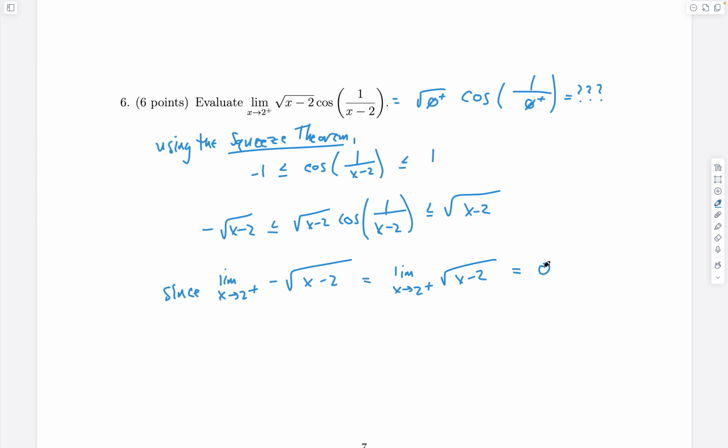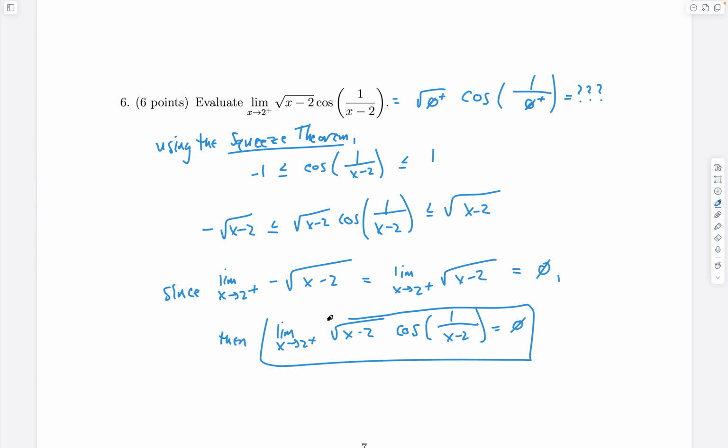Both of them are going to 0. We've seen that here. Therefore, since that's true, we know the limit as we go from the right side of the function that's bounded in the middle, our root x minus 2 cosine of 1 over x minus 2, would also equal 0 using the squeeze theorem.